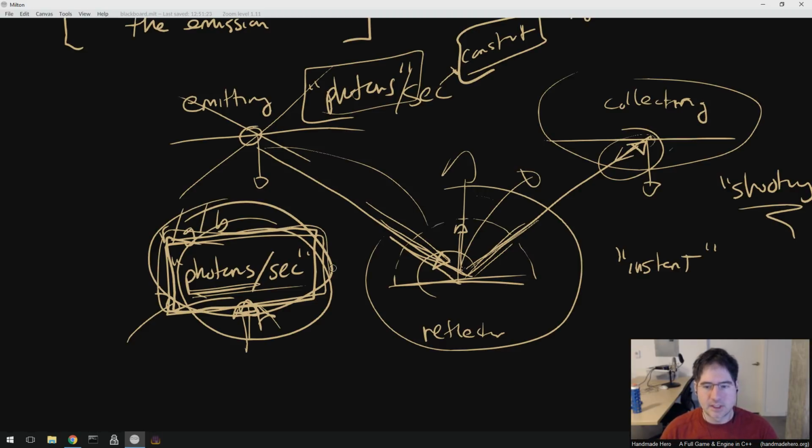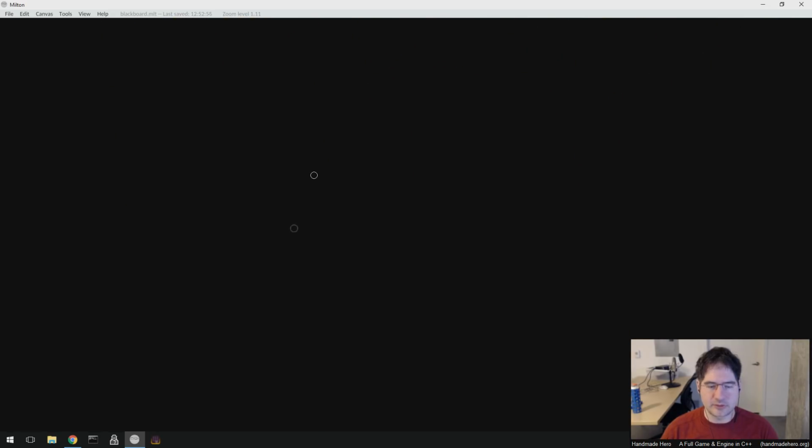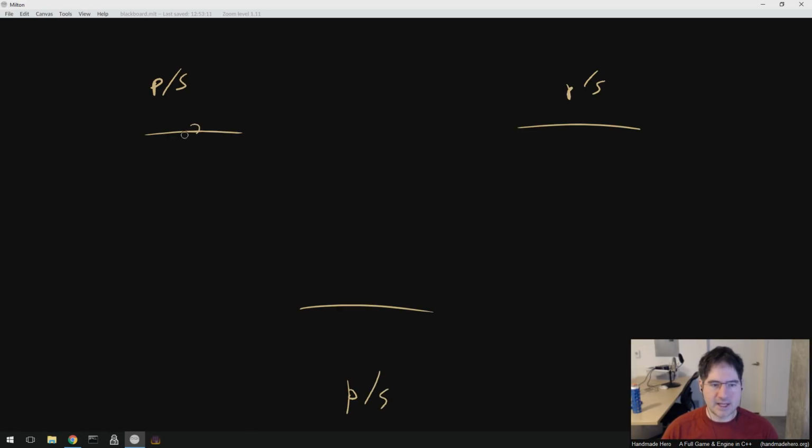Okay. So now we come to the crux of this understanding that we need to determine. Suppose we're not talking about emitters. We just have photons per second. So all of these are photons per second. And now we've got a situation where we've traced a path between two of them.